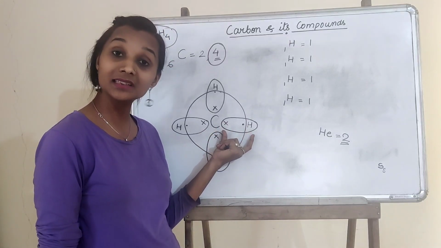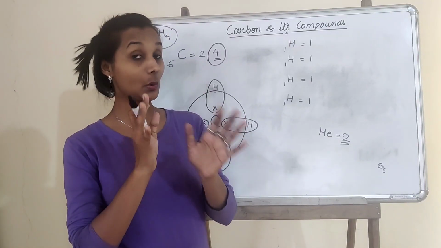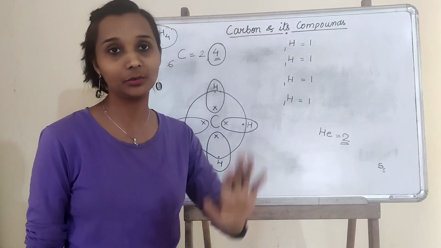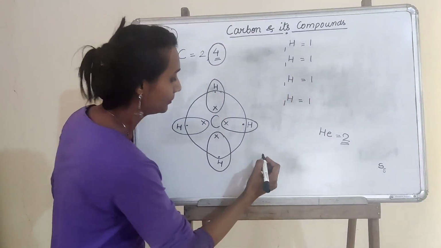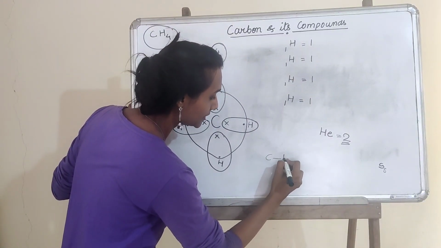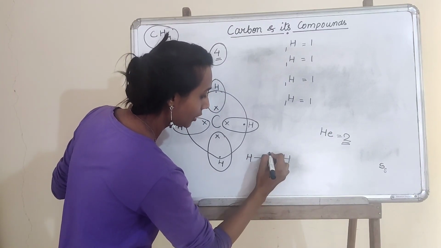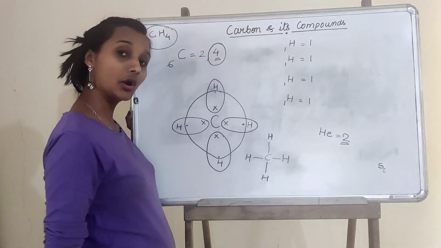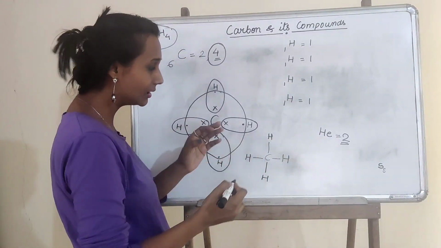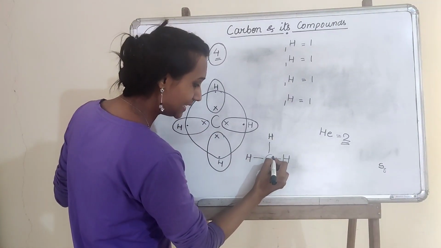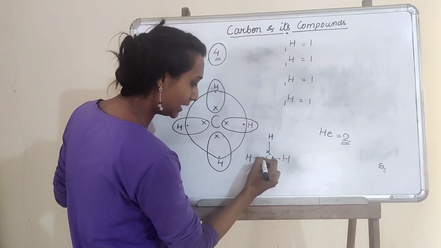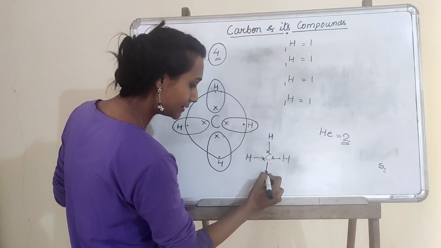So here you can see, the equal sharing of electrons between carbon and hydrogen will form, see here how I am drawing, 4 covalent bonds, and this is the structure where you can see the equal sharing of electrons.